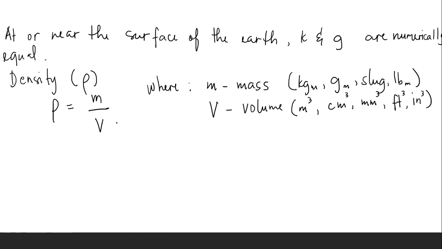Then we have now the specific volume. The symbol is small letter v. The specific volume is the ratio of the volume and mass. Specific volume is equal to volume over the mass.